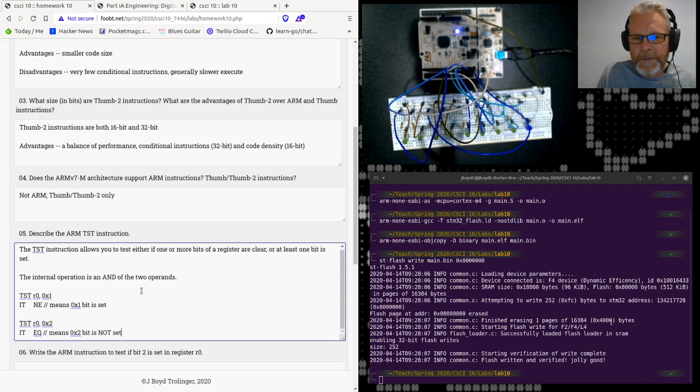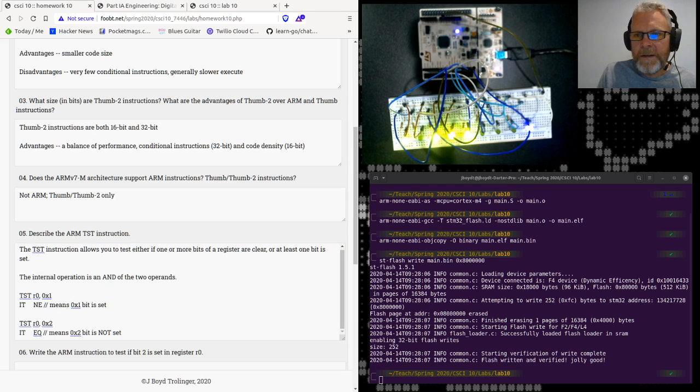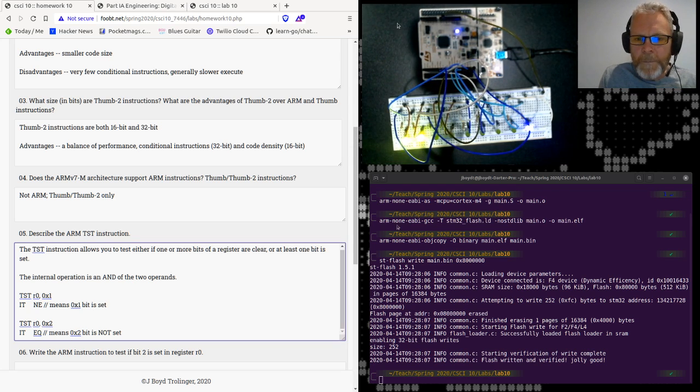So you can actually use the test instruction to see if bits are set or not set. For us, it's almost always, in our code, we're going to be interested in seeing if bits are set because we're going to make our circuit respond to that. So those are just examples.